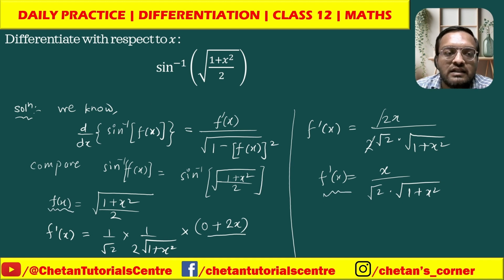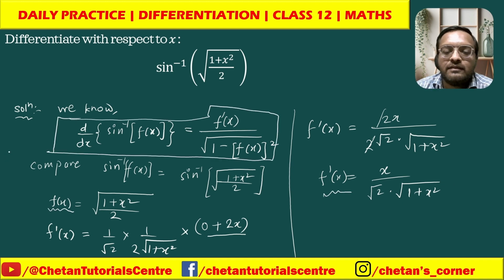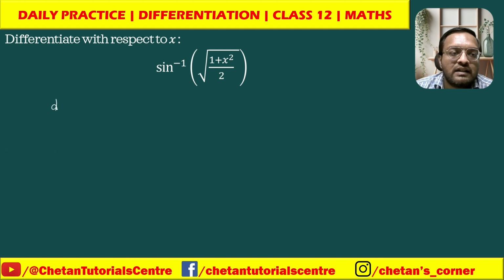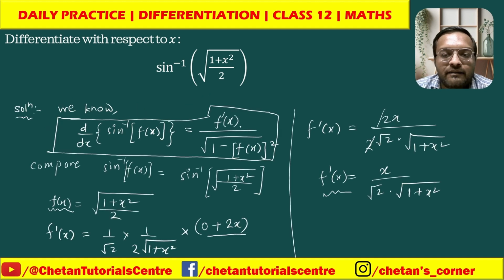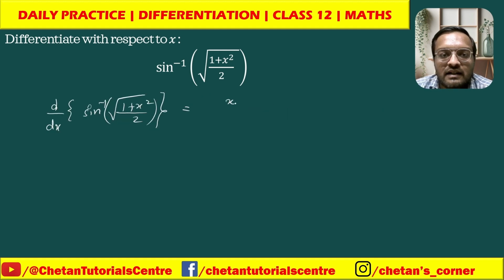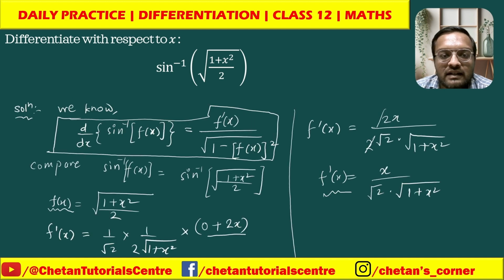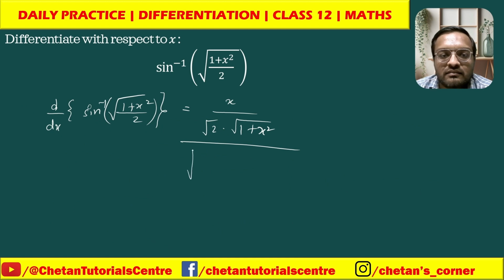Put these values in the given formula, and after substitution, what I will get? D by dx sine inverse of under root of (1 plus x square) divided by 2 is equal to f dash of x, which is x upon root 2 into under root of 1 plus x square, divided by under root of 1 minus f of x bracket square.